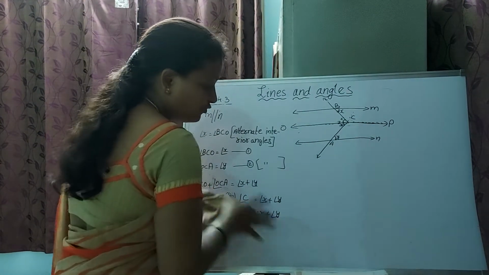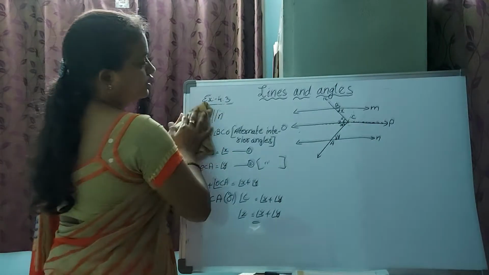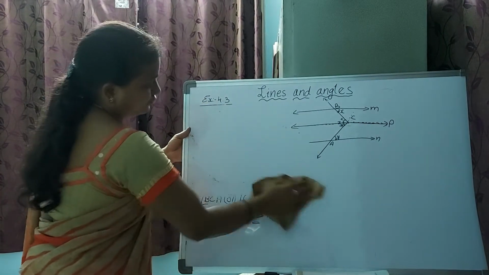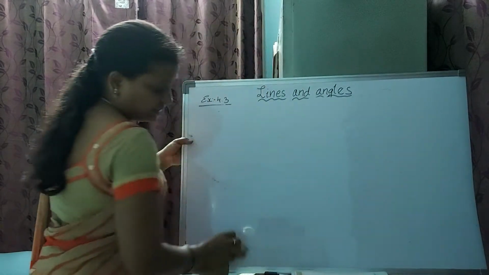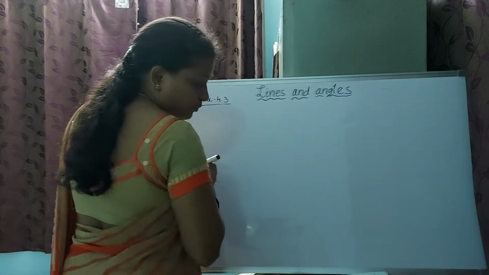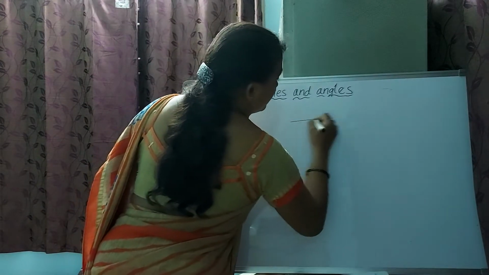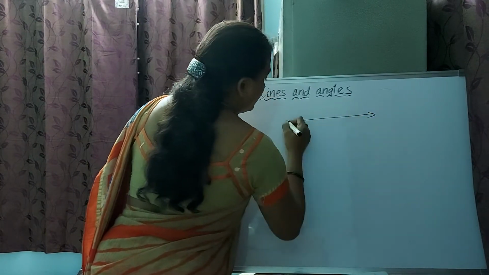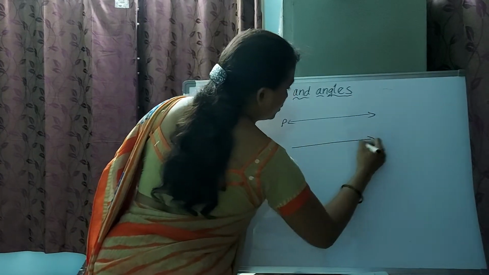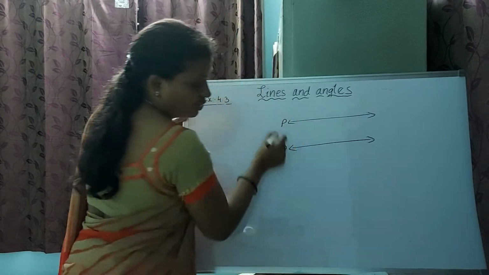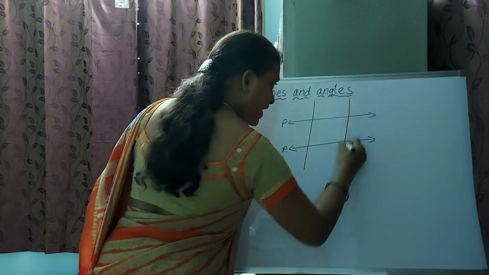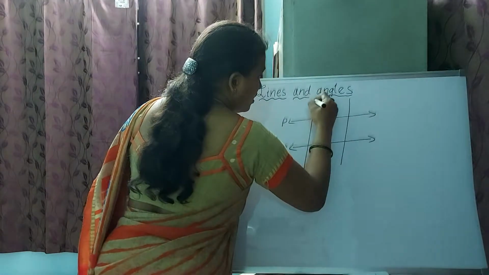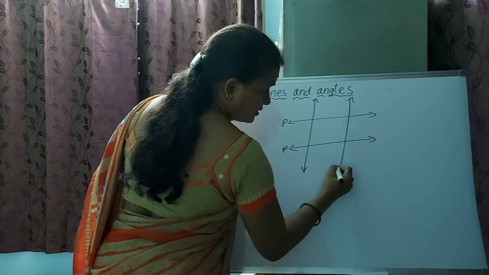Next, see the sixth problem. If two lines are parallel to each other: P is parallel to Q, these two are parallel, and there is one more transversal, and these two are also parallel.